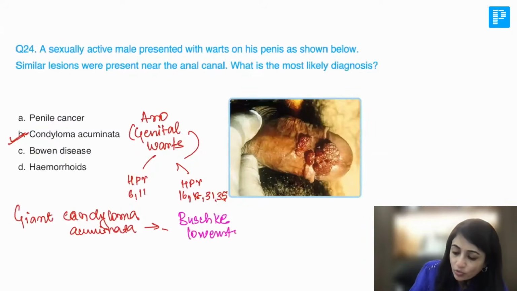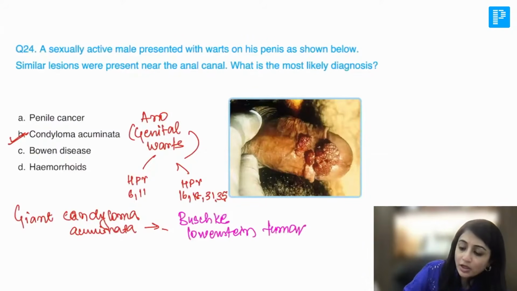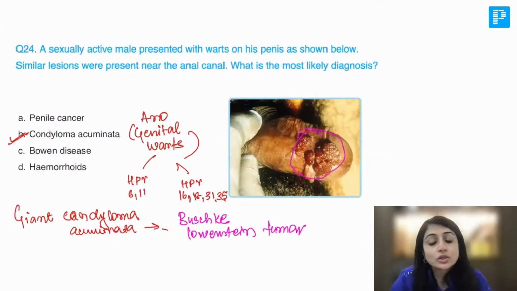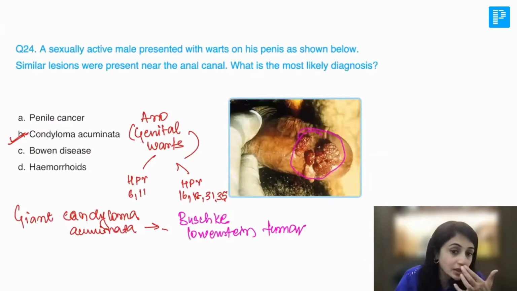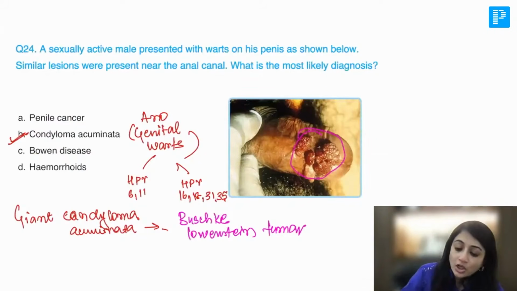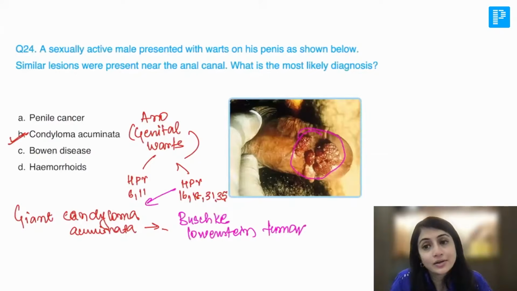If you have a large verrucous lesion, a large growth which is verrucous, as shown here, you have to think of Buschke-Lowenstein tumor, which is a giant condyloma acuminata, usually associated with high-risk HPV types.